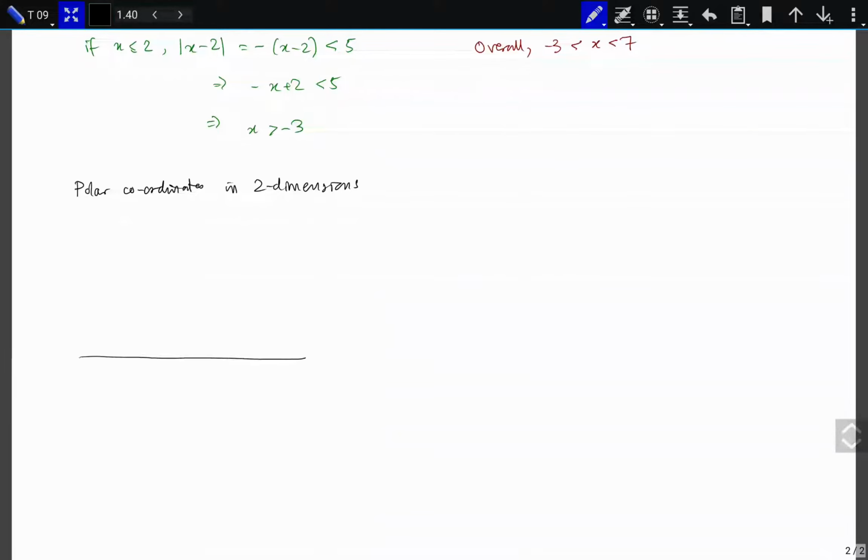And in 2 dimensions, the idea is that if I give you a point, of course you can talk about its x-coordinate and its y-coordinate, but if you let the point be z, the size is the distance of z from 0, and if I take this angle, that's theta, this should be looking very familiar from trigonometry.